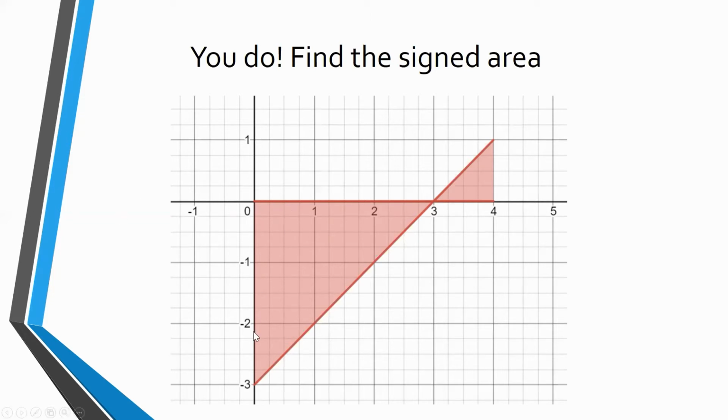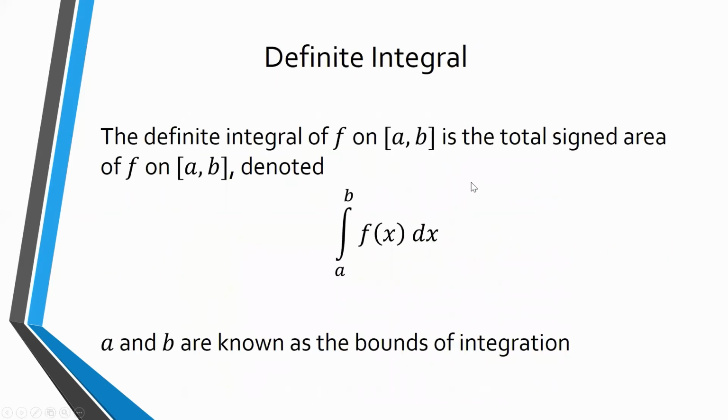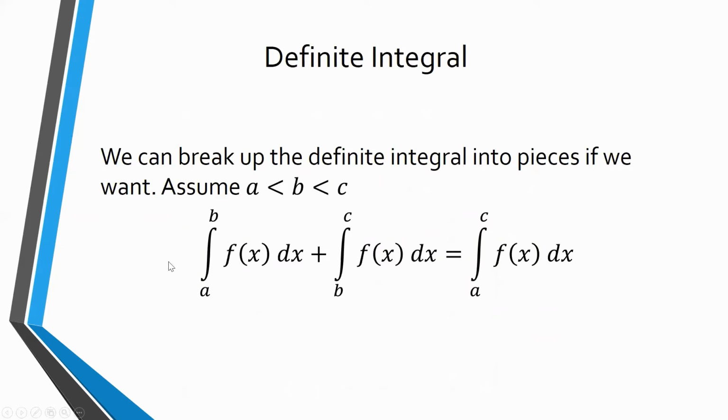So we look at one triangle first, and then another triangle. You can add them up, and that gives you the total signed area. That's what this statement is really saying, that it is perfectly okay to calculate the signed area in pieces.